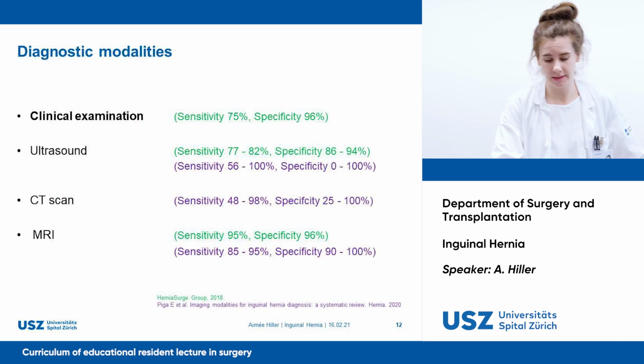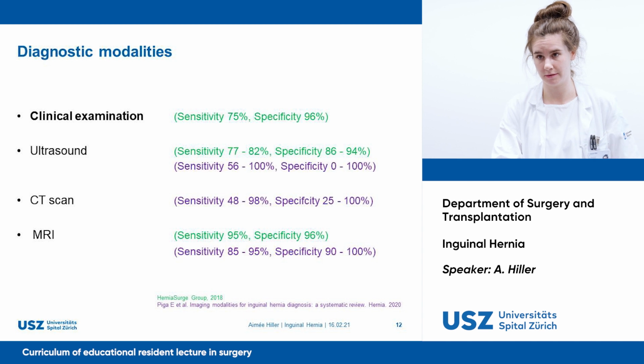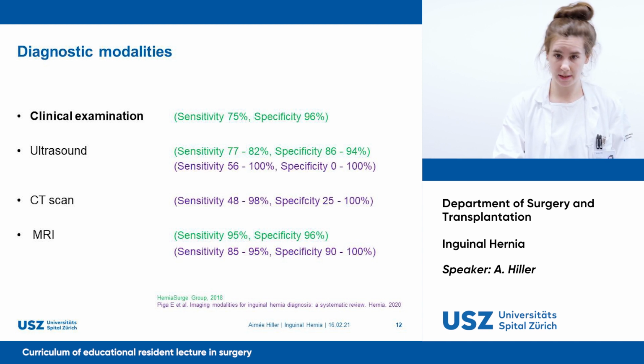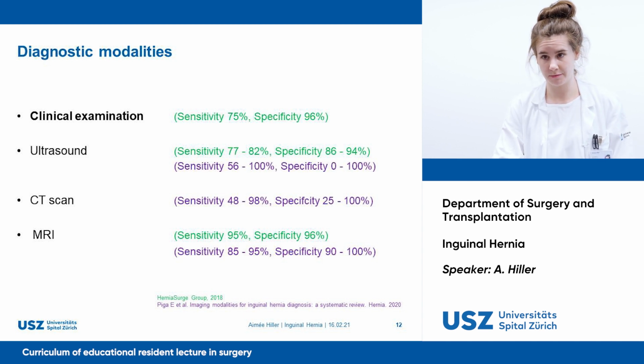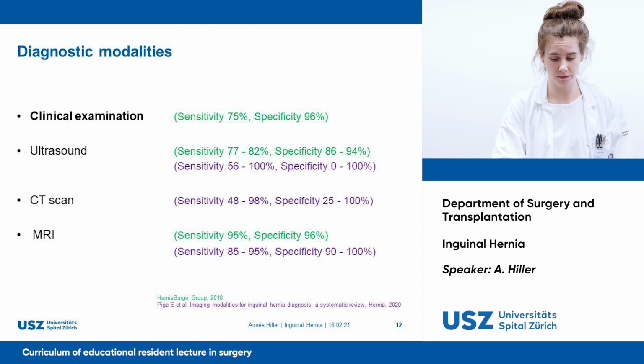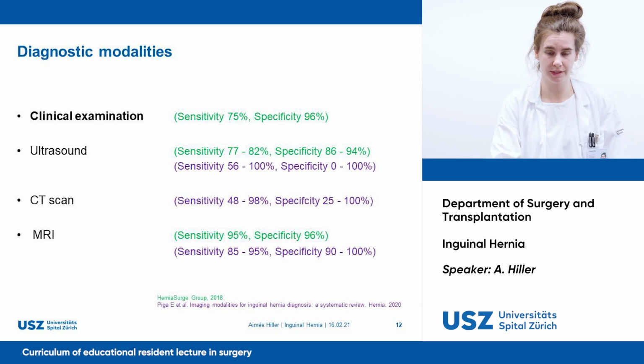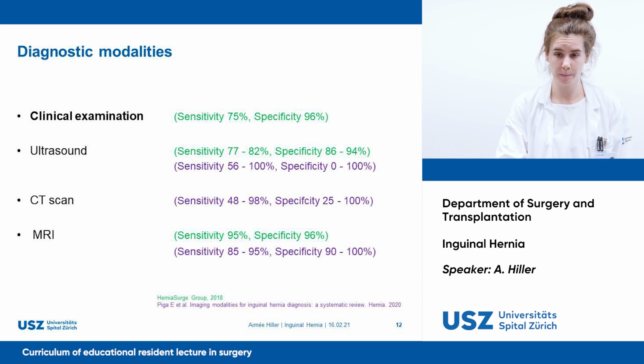As for the diagnostic modalities, clinical examination is standard in diagnosing inguinal hernia with a sensitivity of 75%. But there obviously is a diagnostic gap, especially for obese patients and femoral hernias, and also for multiple hernias. Then we can use ultrasound, CT scan, or MRI.